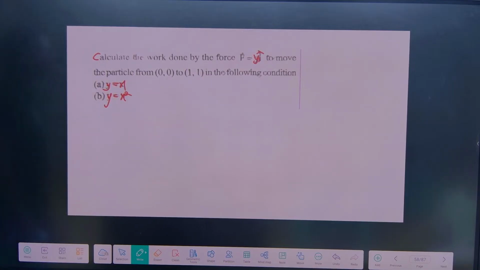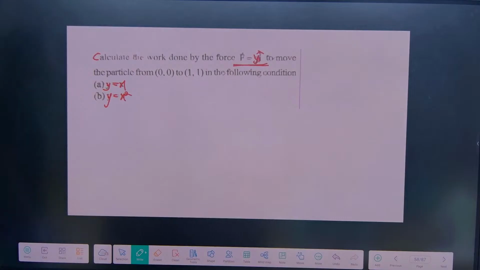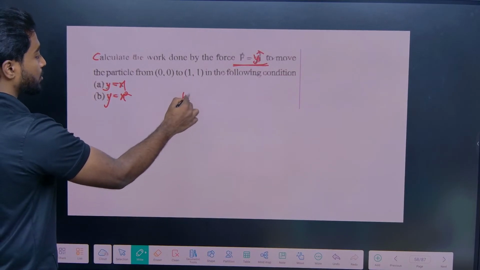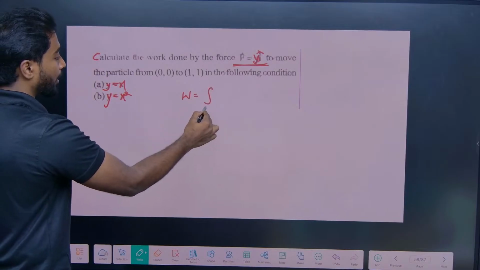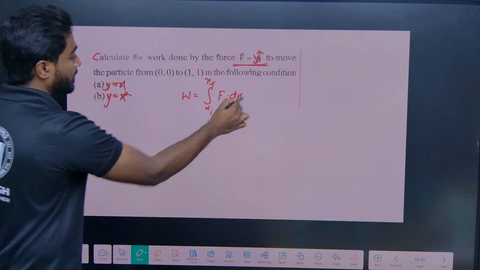They are asking what is the work done for the force F equals y i cap. Work done will be the integral from x initial to x final of F dot dx.